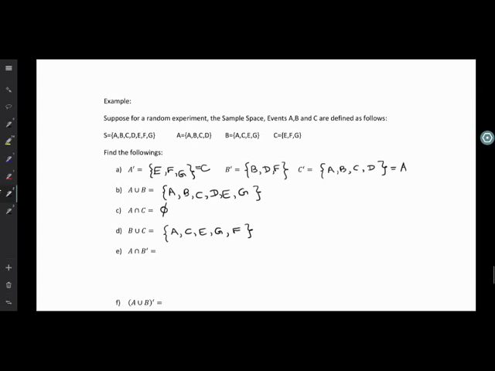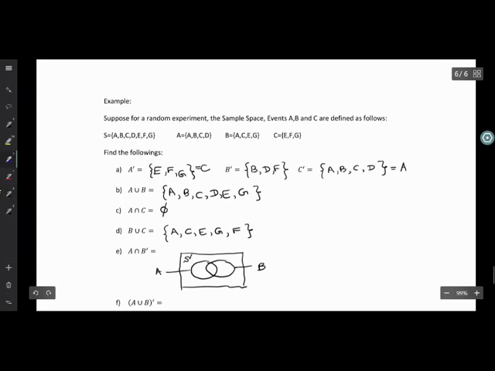The next we need is A intersection B's complement. How do we find that? If we draw the Venn diagram to represent A intersection B's complement, it will be like this. So you have A and B. If we write down the elements within A and B, let's start with filling the inside or the overlapping area.